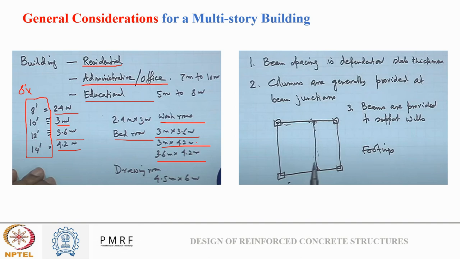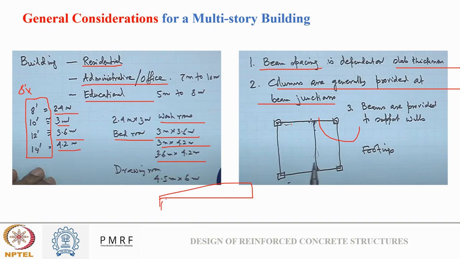Once you are clear with the type of building and the dimensions you need to provide, we proceed with the design, beam spacings and slab thickness. Your dimensions should be such that the spacing between the beams is adequate. Columns are generally provided at the junctions, so you should know where the columns need to be provided.